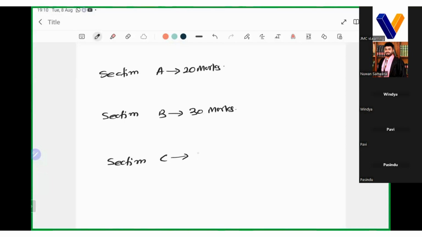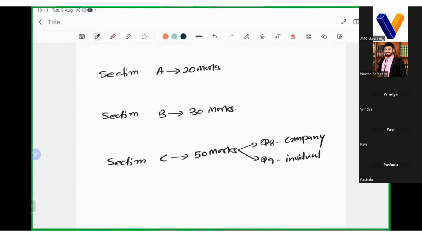Section C, 50 marks. There are 2 questions, basically question number 9 and 8. Question 9 is individual taxation, 25 marks. Question number 8 is company taxation.